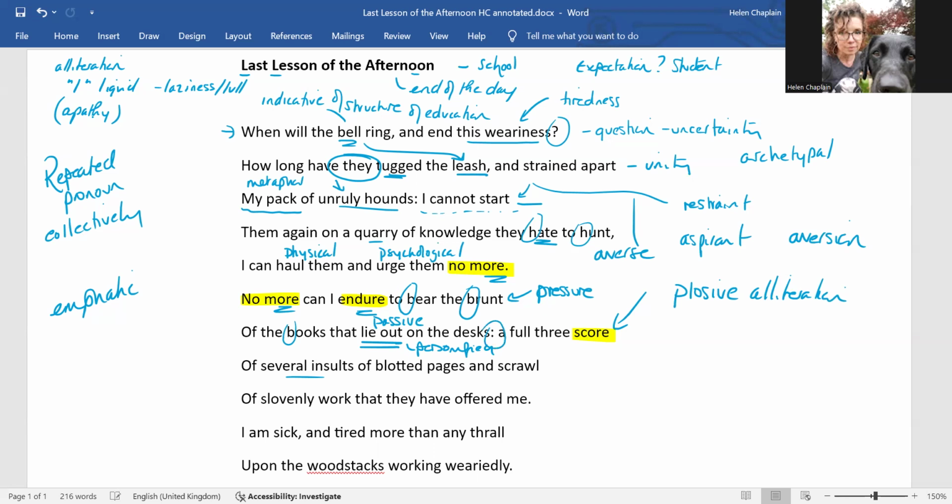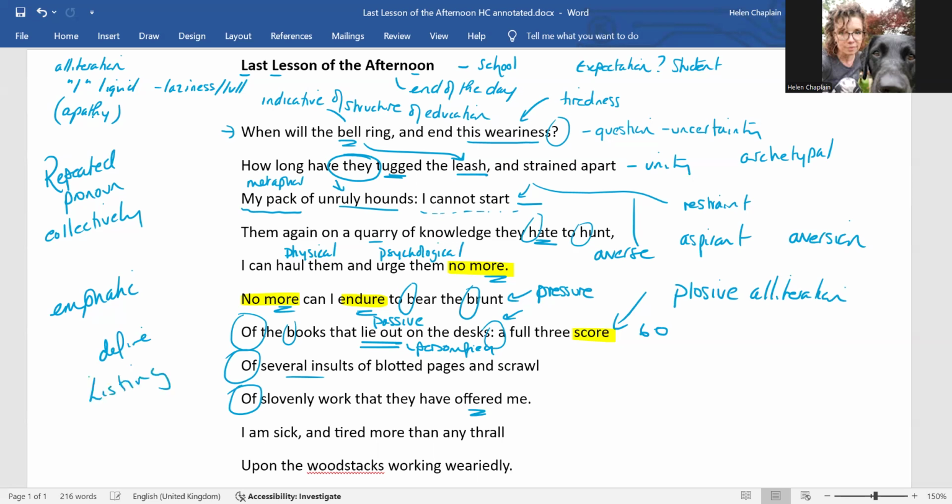And then that caesura, that pause, as he reflects exactly what's in these books, these 60 exercise books, "the several insults of blotted pages and the scrawl of slovenly work that they have offered me." So he's got this repetition there. He's trying to define exactly what's going on here from that listing, if you like.